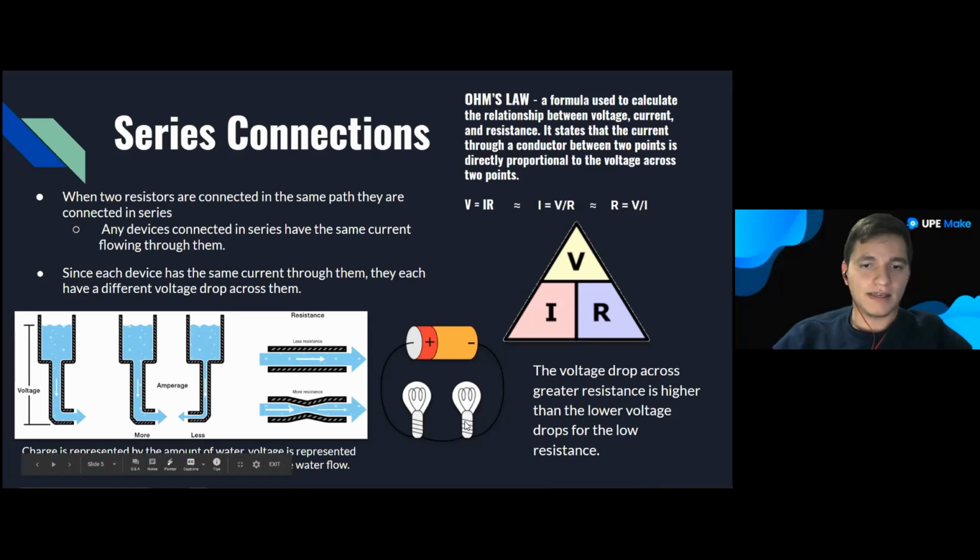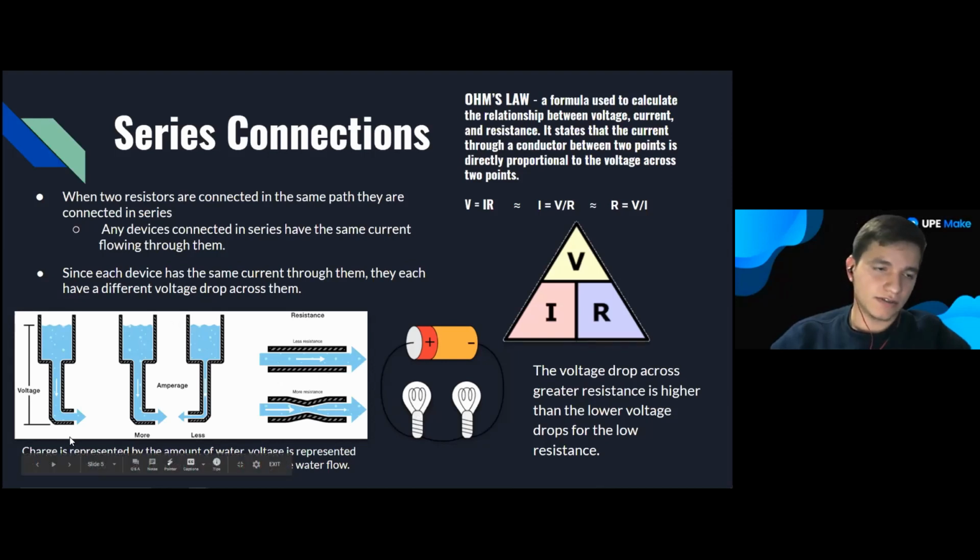But since these two components have resistance, the voltage is going to drop from one side of the wire to the other. That's how you can understand voltage as the difference of potential energy from one point to another. The voltage at this point and at this point is going to be different because the voltage needed to power this light is taken from that component.